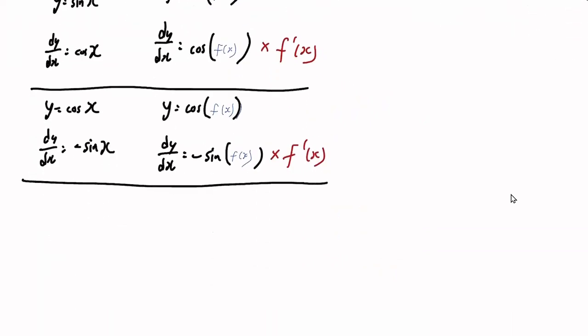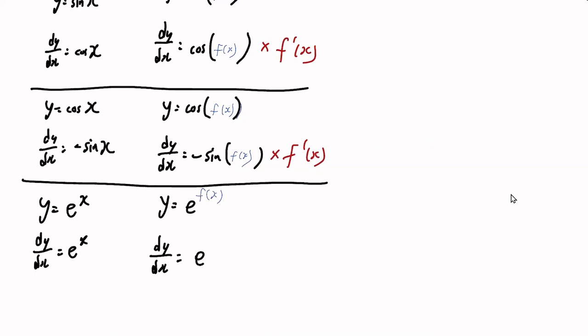And just list down everything: y equals e to the power x, differentiate, stays the same. y equals e to the power f of x, let me write it in blue. Then dy by dx will be the same thing, but you need an extra times f prime of x. Do you get the pattern now?